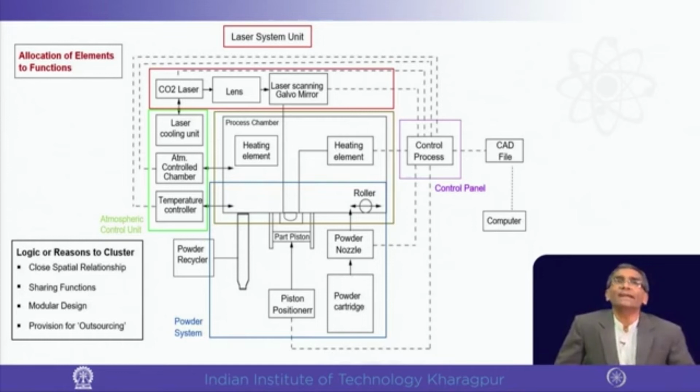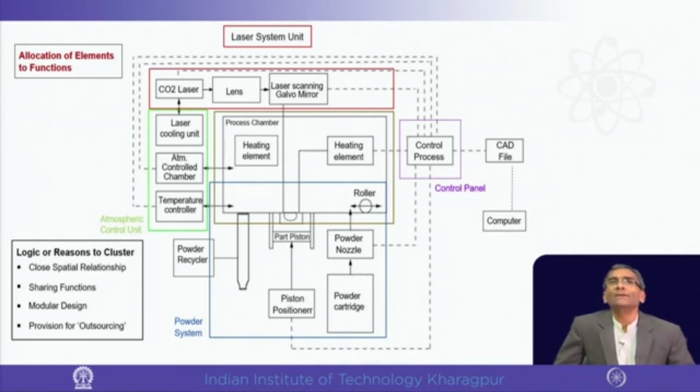Say the red outlined one is the laser block, the laser system unit. The green block you see is the atmospheric control unit.